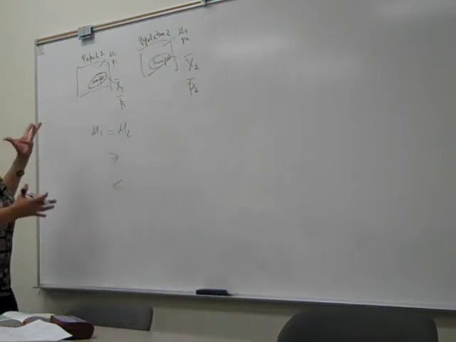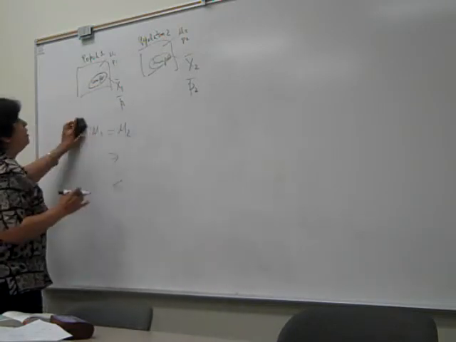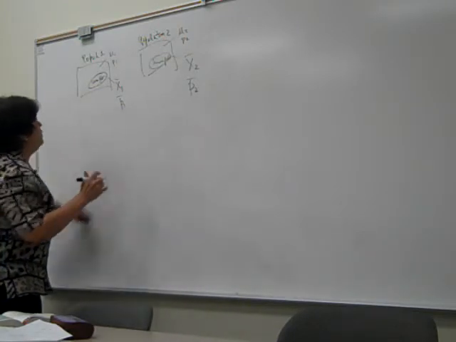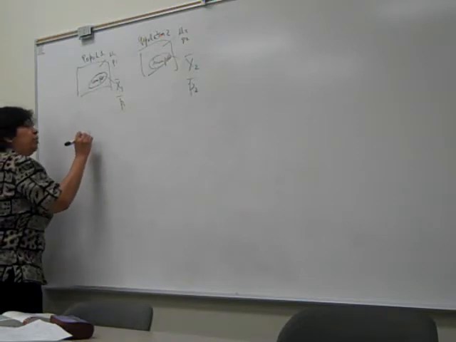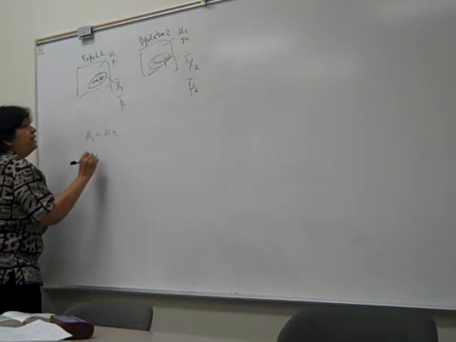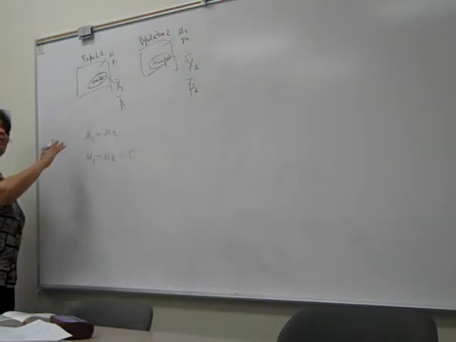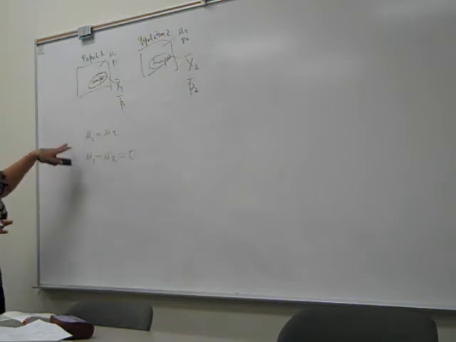Now, since we are doing this, really what we are going to test is not if mu1 is equal to mu2, but if mu1 minus mu2 is equal to 0. This is exactly the same.